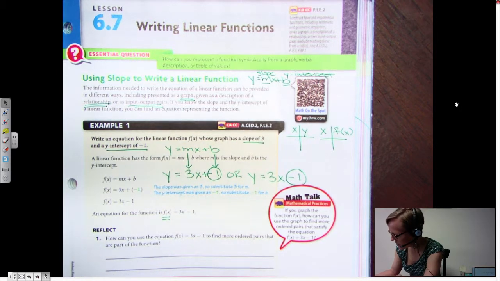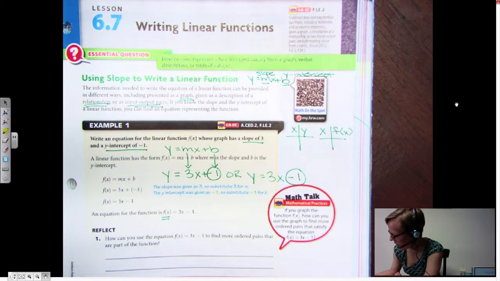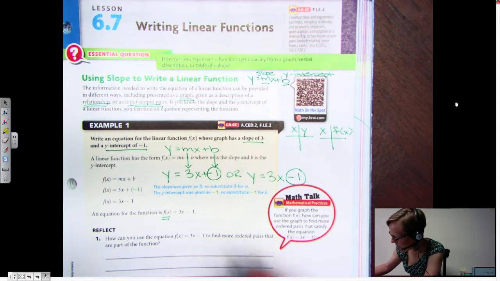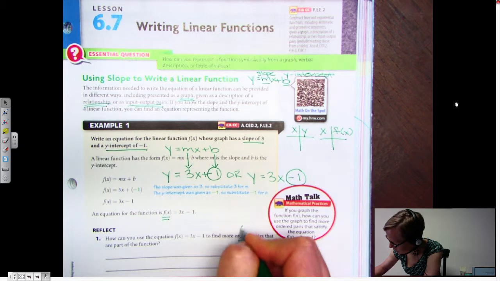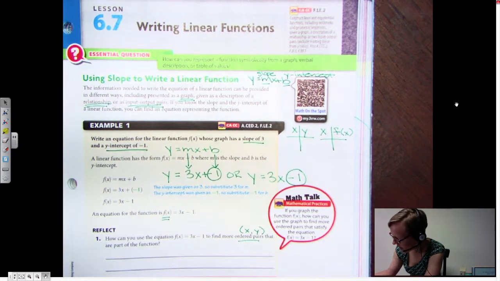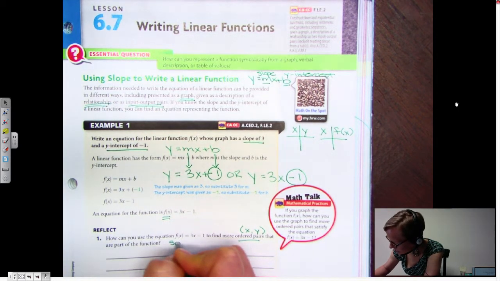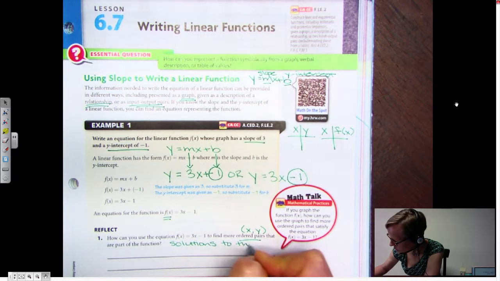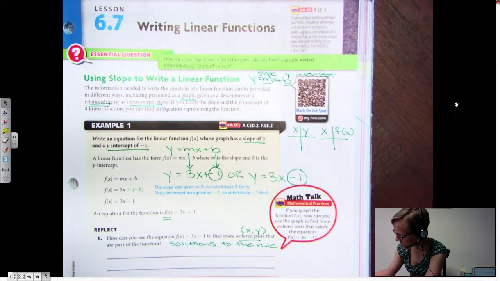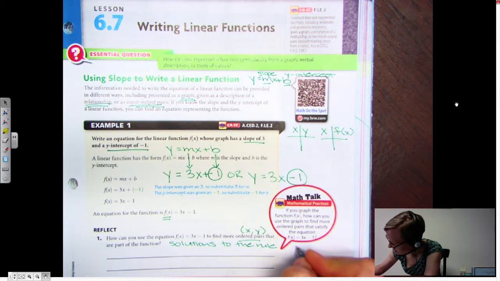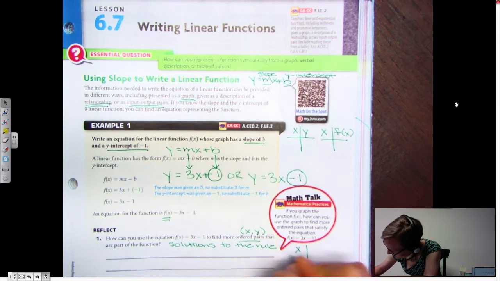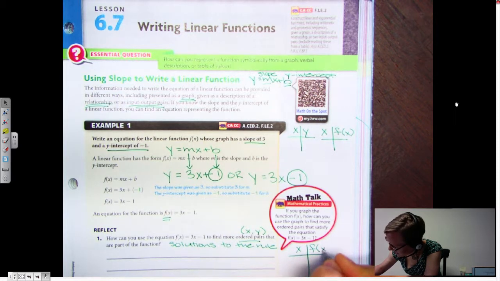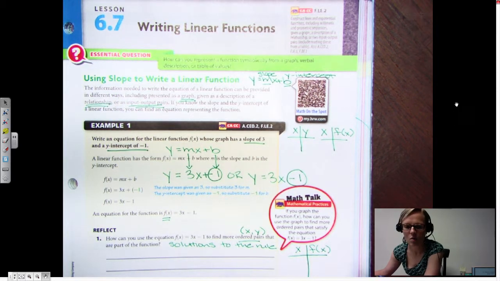Let's reflect. How can you use the equation f of x equals 3x minus 1 to find more ordered pairs that are part of the function? So ordered pairs that are part of the function are xy pairs that are solutions to the rule, or solutions to the equation also. So we've talked about this before. We can just choose x values and plug them in to find our related y value.